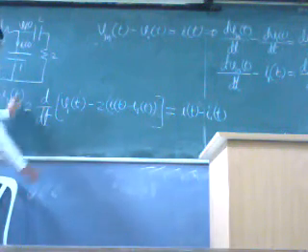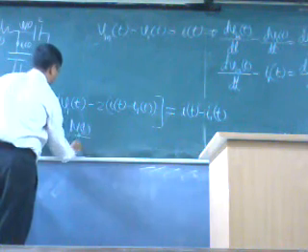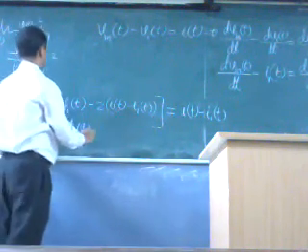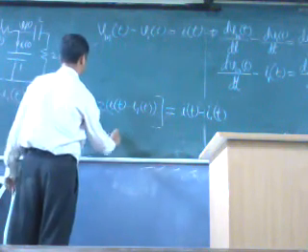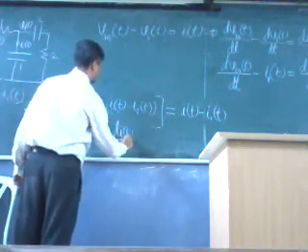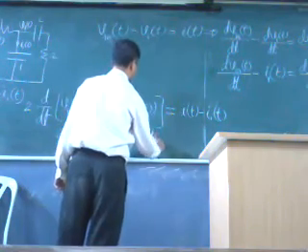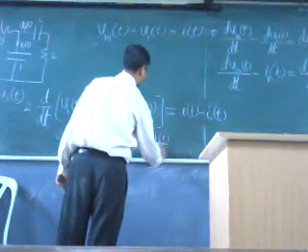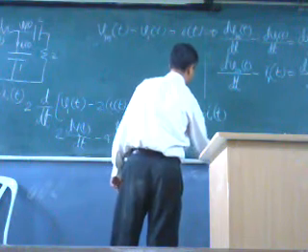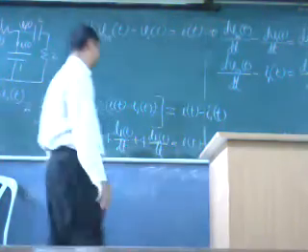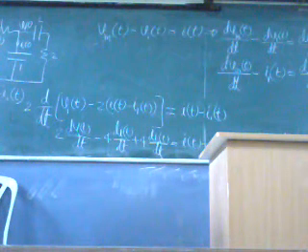So from this what we get is 2 dV1(t)/dt minus 4 dI(t)/dt plus 4 dI1(t)/dt is equal to I(t) minus I1(t). That's what we have got.